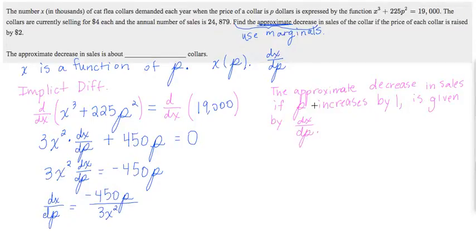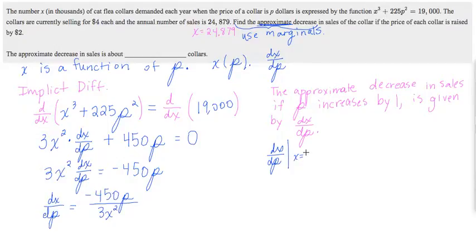Okay, so we need to plug in our numbers then. We need to plug in 4 for p, and since x is in thousands, we'll actually plug in 24.879 for x.